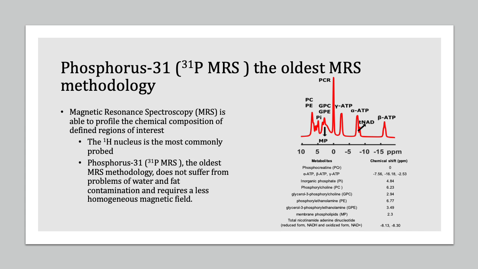Phosphorus spectroscopy is the oldest spectroscopy methodology, does not suffer from the problems of hydrogen such as water and fat contamination, and requires a less homogeneous magnetic field. And once we have an optimal acquisition trajectory, it provides useful information such as phosphocreatine, ATPs, and phosphocholine that are related to the phospholipid metabolism.